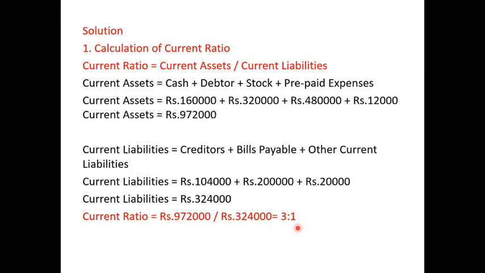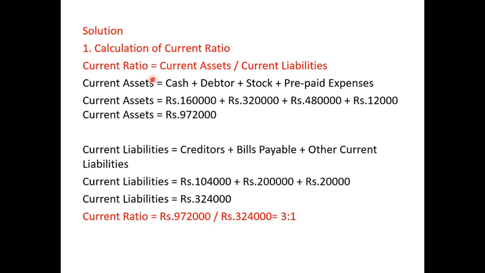Next, we are going to solve the problem. The first ratio we are going to calculate is the current ratio. The formula for current ratio is current assets divided by current liabilities. First we have to calculate current assets and current liabilities separately, because the total current assets amount is not given and the total current liabilities amount is also not given.